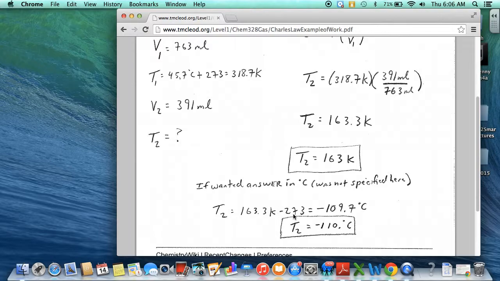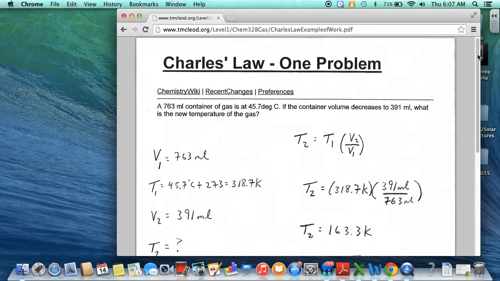Well, you know that K is always a larger number than degrees C. So to get from a larger number to a smaller number, you better subtract that difference. So therefore, you get minus 110, because you needed to put it into the units place. Okay, so that's how you calculate Charles's law.